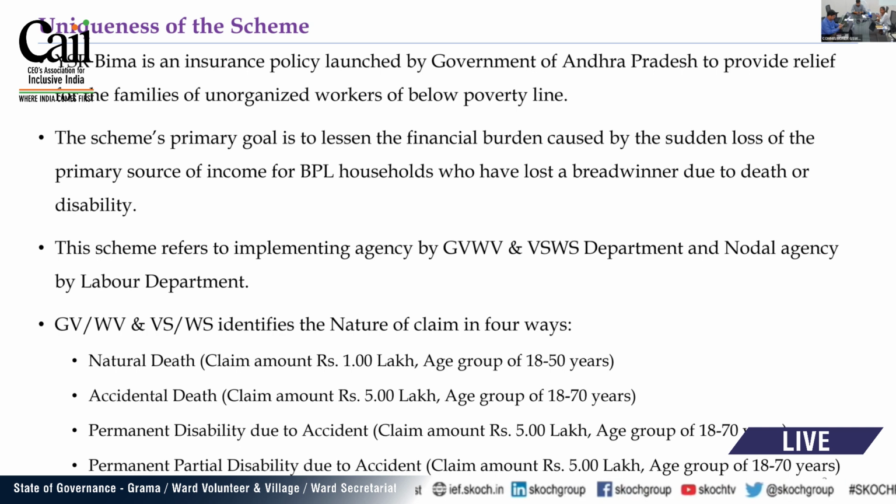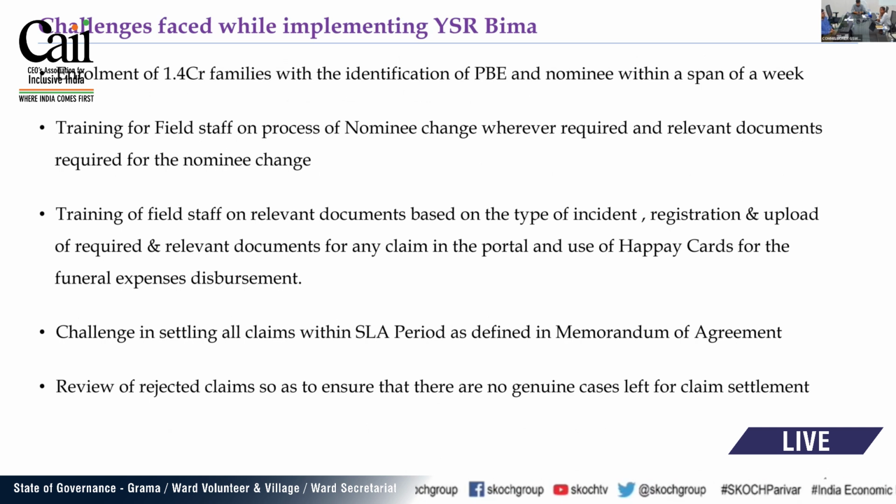It covers the age group of 18 to 50 for natural death, and for accidental death or disability it covers the 18 to 70 age group. So this is what the scheme is about.